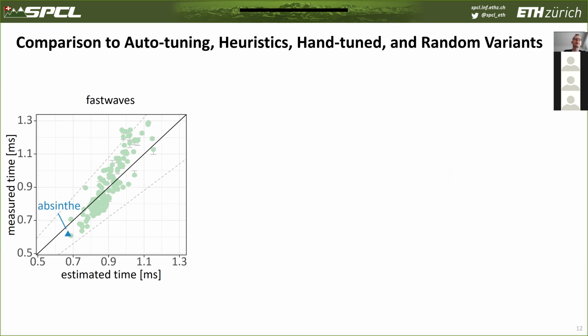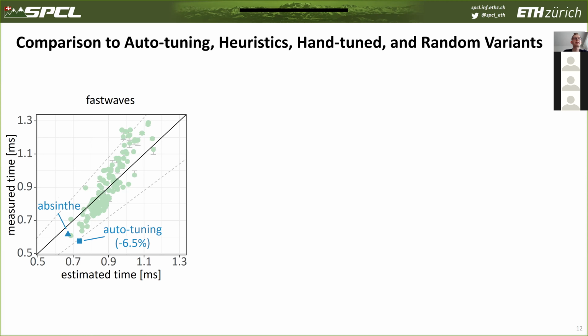So good news here is that most of these different implementation variants are close to the diagonal, which means our performance model works reasonably well for these points. And we see, of course, that Absinthe selects the implementation variant that has the smallest estimated execution time.